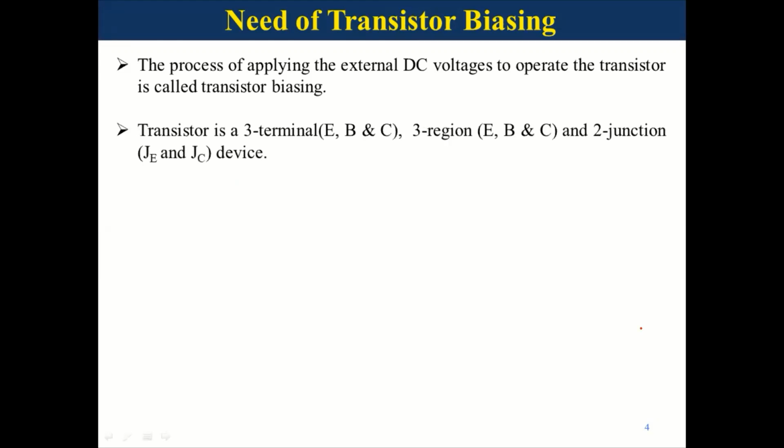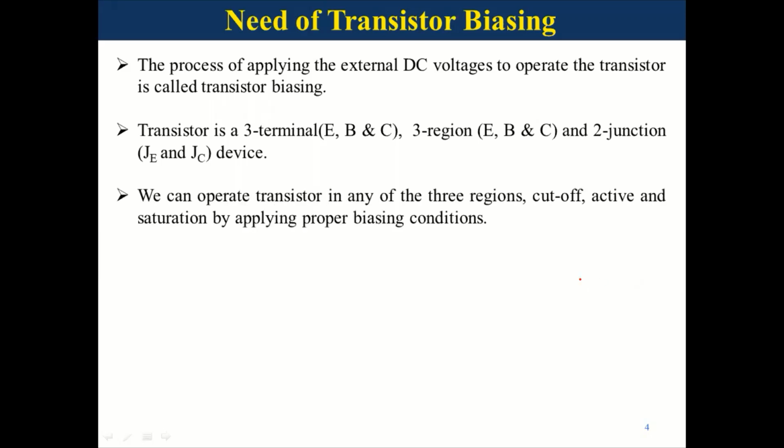Basically, transistor is a 3-terminal, 3-region and 2-junction device. The 3 terminals of the transistor are emitter, base, collector, and the 3 regions are emitter region, base region and collector region. The 2 junctions are emitter junction and collector junction. Emitter junction we can call it as an input junction, and collector junction is called the output junction.